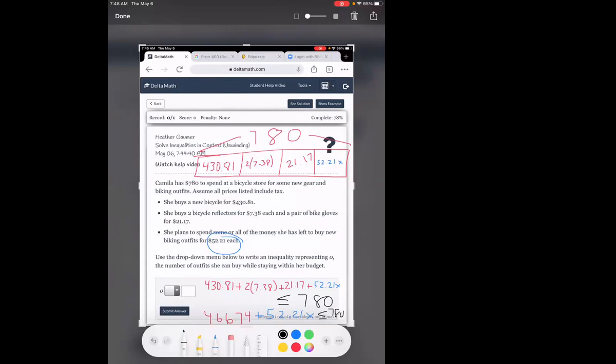Okay, so since it said write an inequality, don't forget it says it right here, write an inequality. That's why I had to use the inequality symbol instead of an equal sign. It has to be less than or equal to the total amount of money.